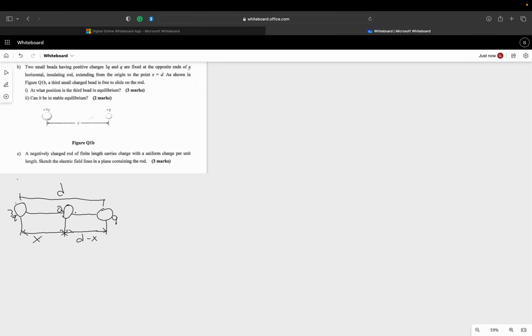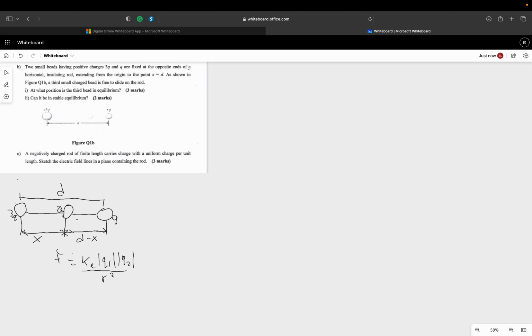Because if those two forces are not the same, it won't be at equilibrium. And we know that electric force is given by F equals Ke, the electrostatic constant, times Q1, the first charge magnitude, multiplied by Q2, the second charge magnitude, all over the distance separating them, r squared.